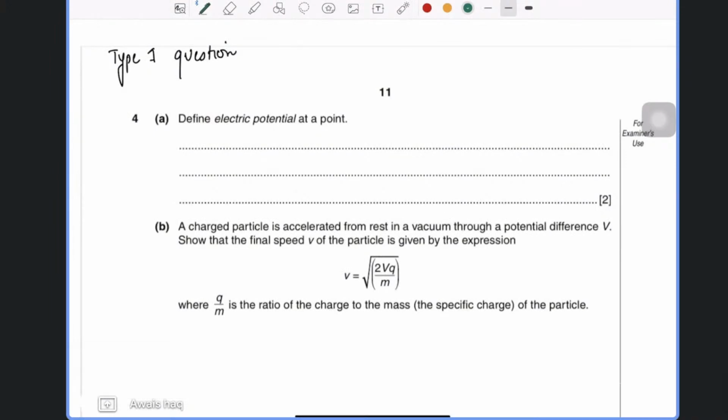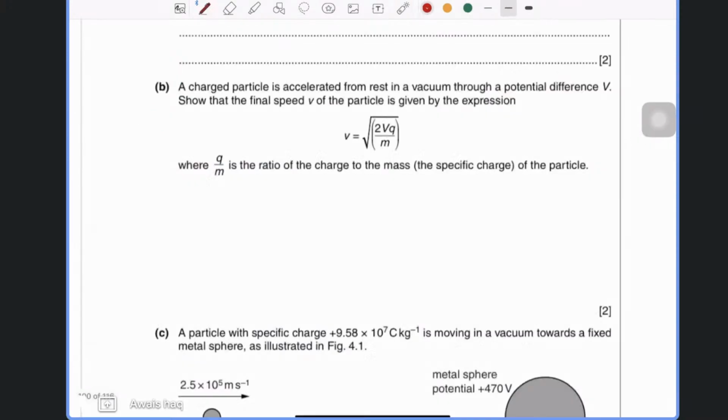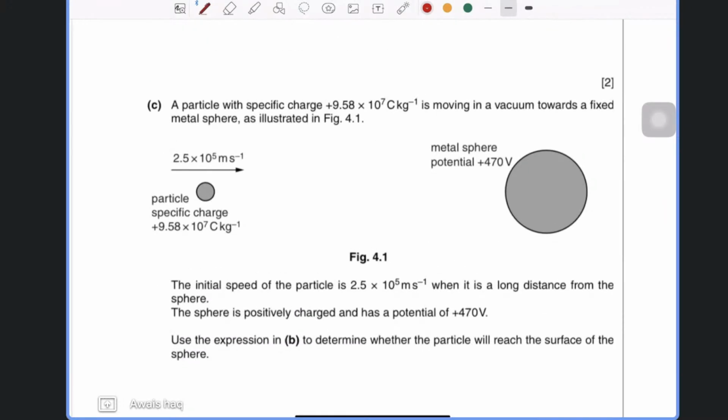You guys already know this now, so that would be your homework. But then it says that a charged particle is accelerated through rest, where q over m is the ratio of the charge to mass of this. So you just need to show this expression. We have already shown it in the previous example, so you can try this on your own. But we're going to start from here.